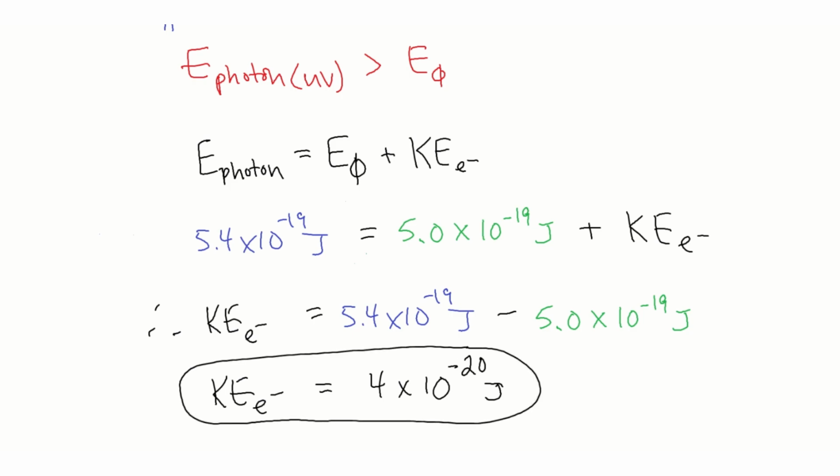So when we shine UV light on the palladium metal, we get electrons ejected with a maximum kinetic energy of 4 times 10 to the negative 20 joules.